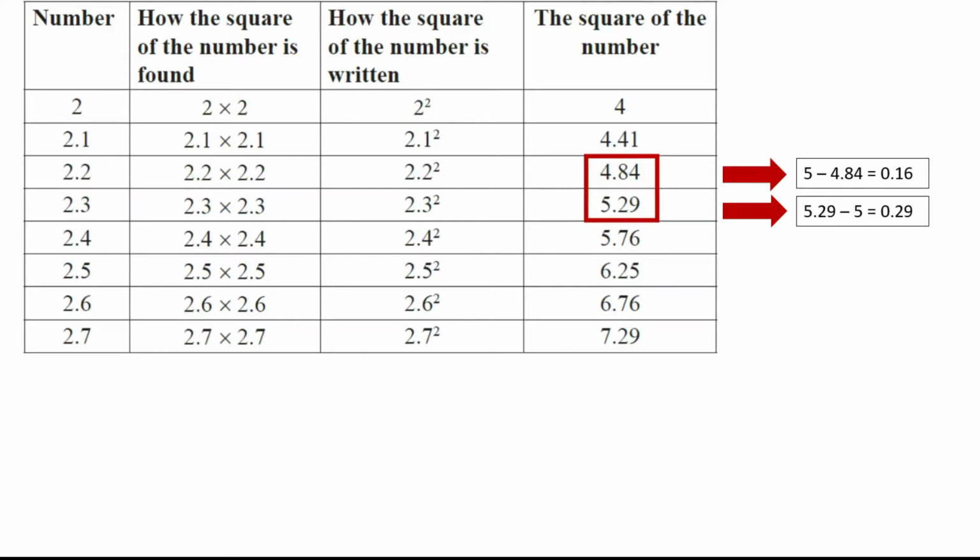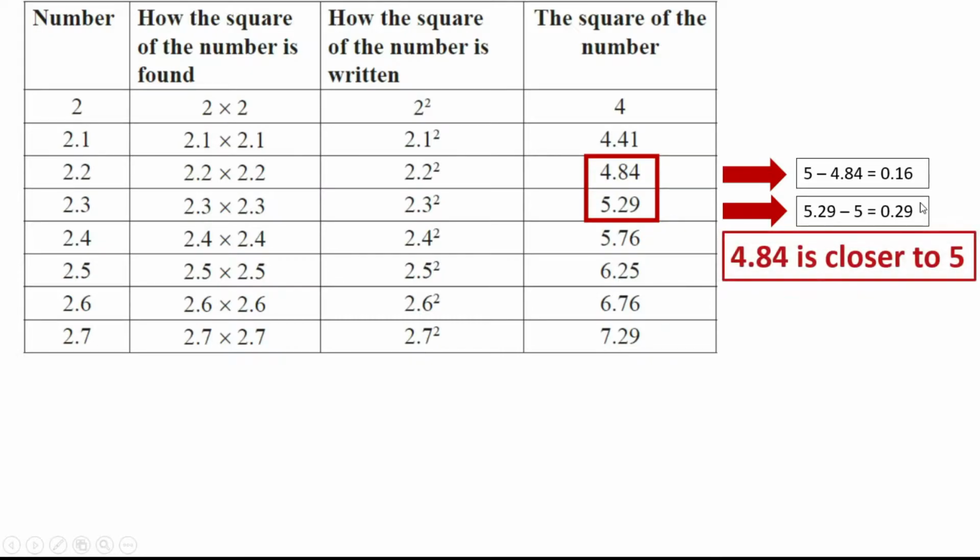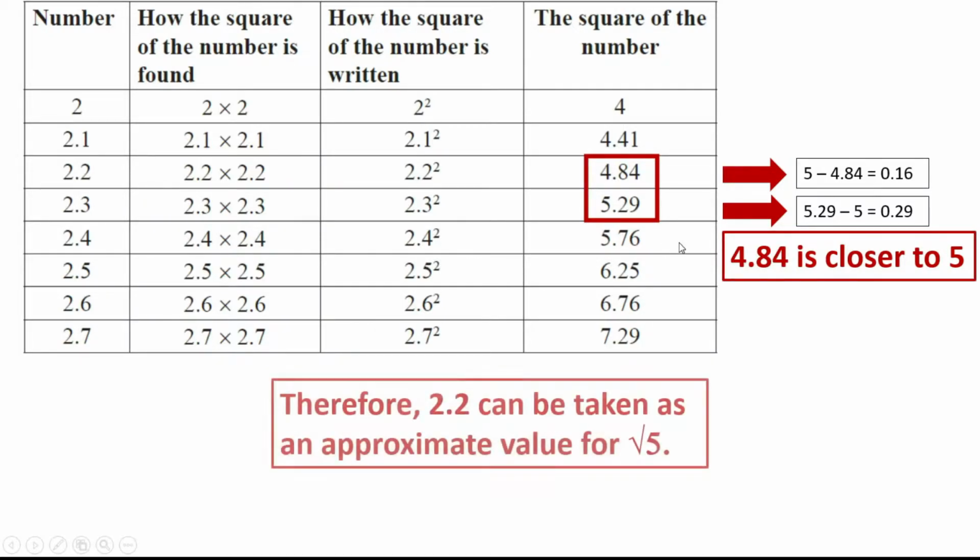The difference between 4.84 and 5 is 0.16 and the difference between 5.29 and 5 is 0.29. According to this, the value closer to 5 is 4.84. Therefore, we can take 2.2 as an approximate value for the square root of 5.